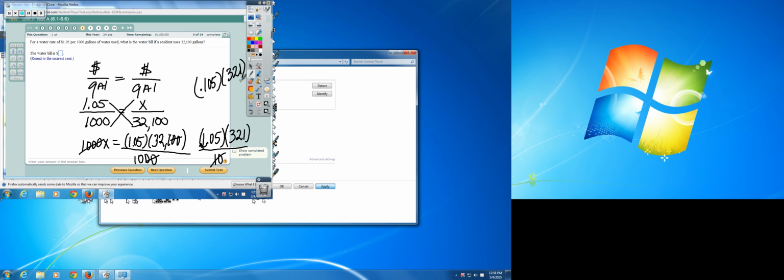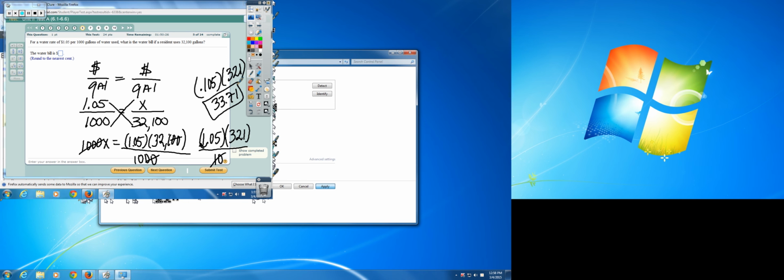I'm sorry, what? 33.71. Well, let me ask you a common sense question. If this is $1 per thousand, how much would 32,000 do? $32. So are we about there? You got $642.